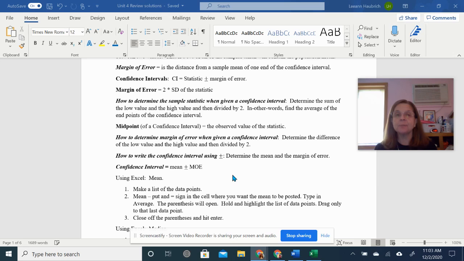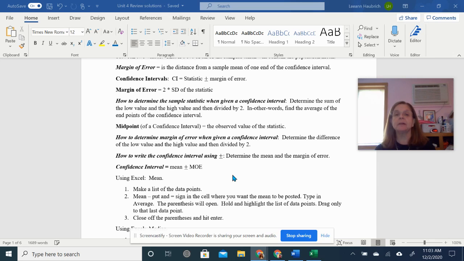Okay, how to determine the sample statistic when given the confidence interval. I think several people got stuck with this. This was homework 4, and it's why I put together the last video. So if you're trying to determine the statistic from the confidence interval, all you have to do is find that exact middle. There are a few ways to do it. Think of it as getting the average of those 2 endpoints.